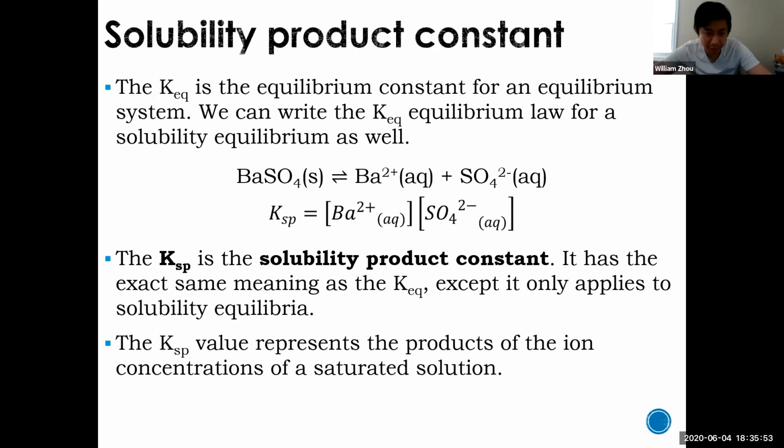If you have very few ions at saturation, you have a low KSP. That means high KSP equals high solubility. You can predict how soluble something is. If you just look up its KSP, if you see a big number, oh, this is very soluble. Low number, you're not soluble. Okay, so far, any questions?